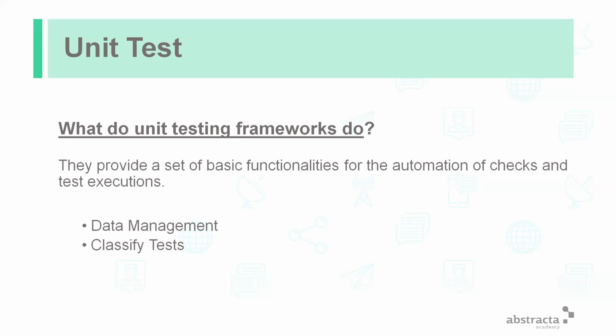We can tag them. And also the results log, that's another benefit. It's not a good practice to have console outputs in our tests, like system.out printing an error. No, we can use the functionality of the unit test framework to log our results.